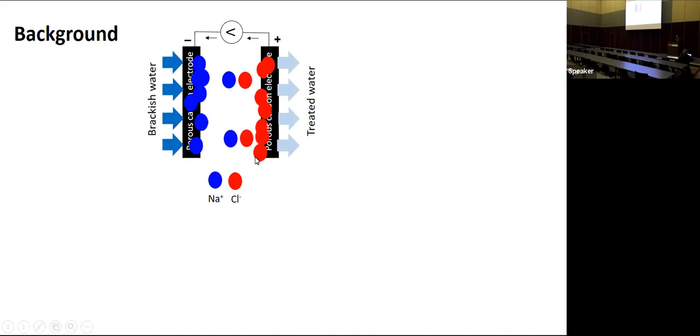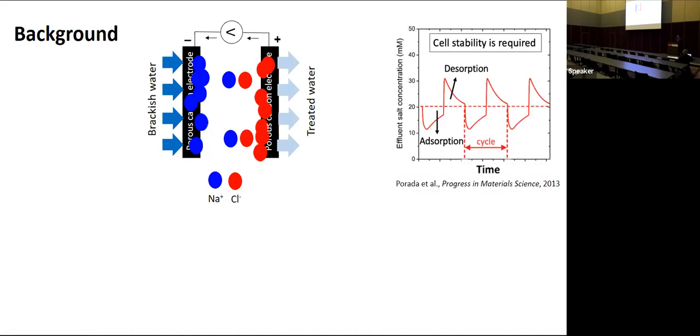If you sample the effluent solution for salt concentration, typically you would see an adsorption phase, where the effluent salt concentration is lower than the influent. When the electrodes are saturated with ions, typically the electrodes are short-circuited so that the species adsorbed during the adsorption phase are released and collected as a brine.